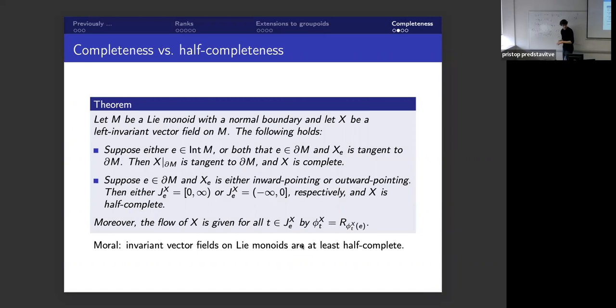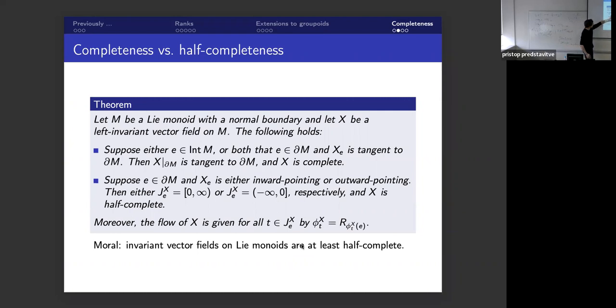So if we are given a Lie monoid with a normal boundary and a left invariant vector field, then we have the following two results. This is a generalization of the result for Lie groups.